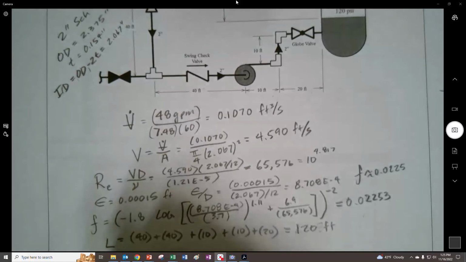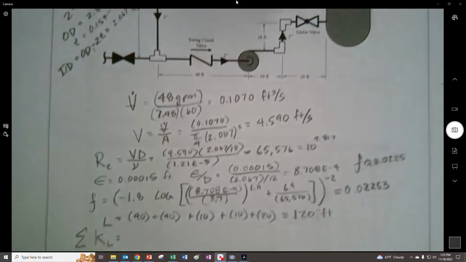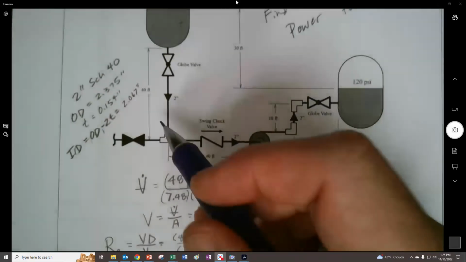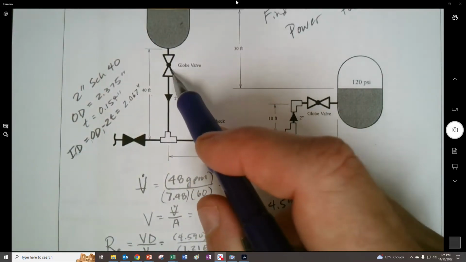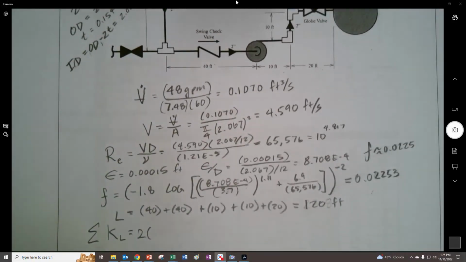And then the KL, or the total, the sum of all the KLs. Right, so I need to look these up right here. Let's say we have 2 globe valves. These KLs can vary depending on your sources, right? So it's not like all the time there is consistency between them. So let me see, I want to bring up the notes for class 22, I think.